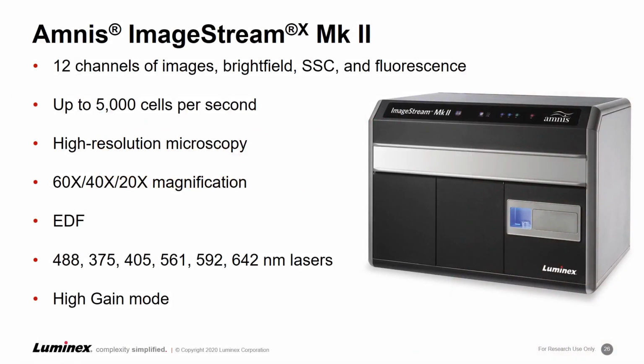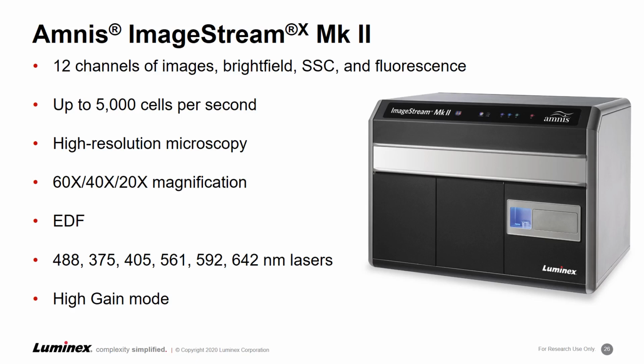The ImageStream X Mark II is our newest iteration of the ImageStream. It has 12 channels of images. This includes bright field channels, side scatter, and fluorescent channels. It can run up to 5,000 cells per second. It does high-resolution microscopy. It comes standard with a 40x objective, but with the multi-mag option, you can get the addition of the 60 and 20x objectives.